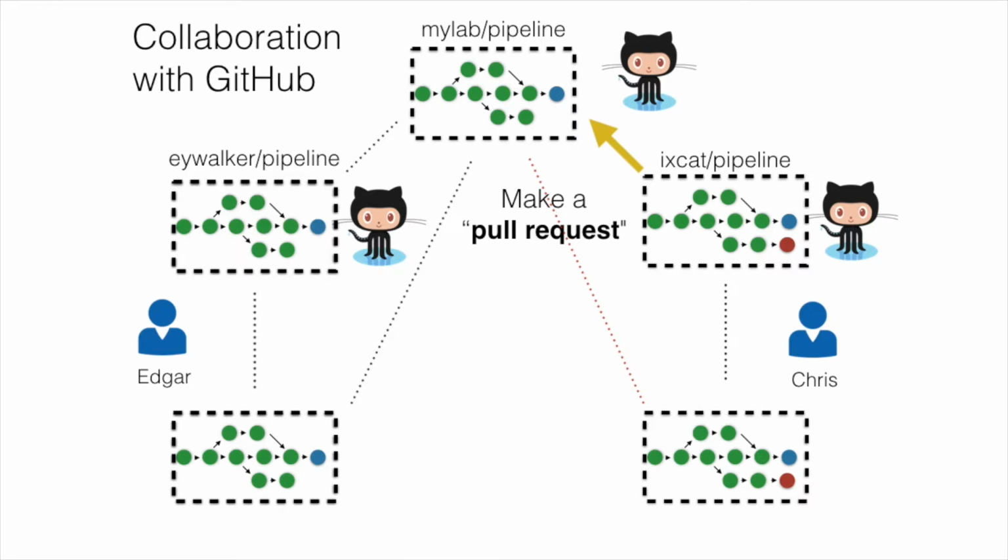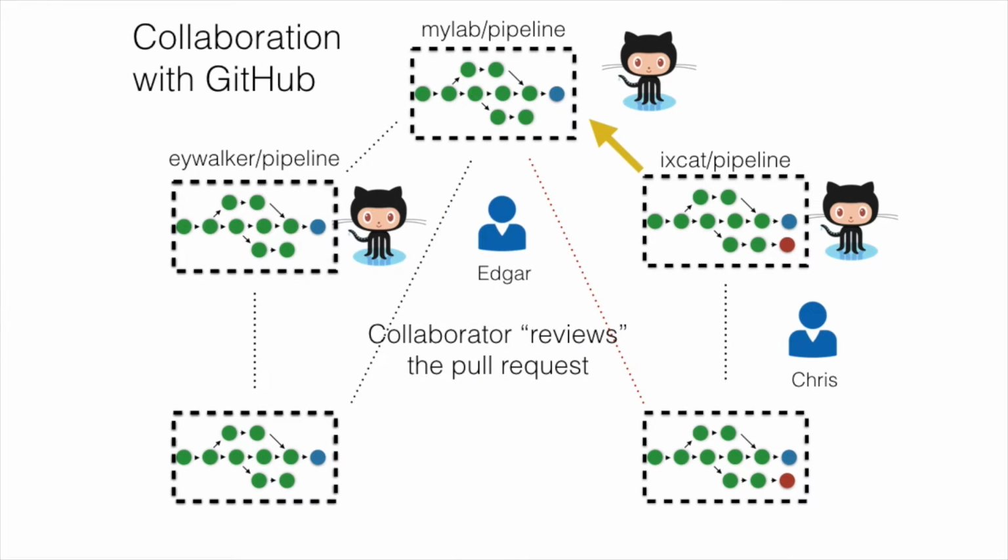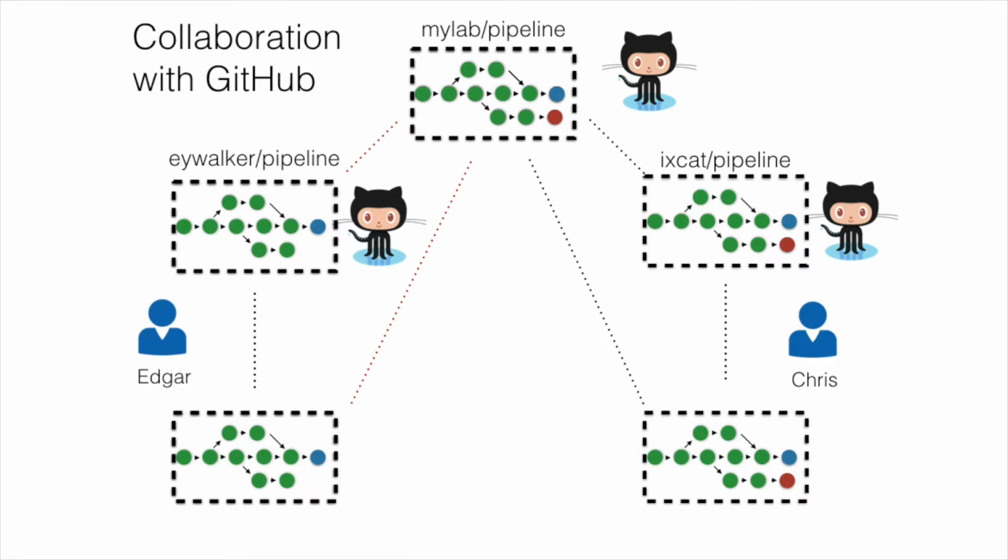He doesn't actually just get to push it. He makes a pull request, which prompts people like me to review the code. If I'm happy with it, I accept the pull request, which puts it into the upstream. Now I'm the only one who's not synced. What I do now is, on my laptop, pull the change from upstream. So my laptop is in sync.